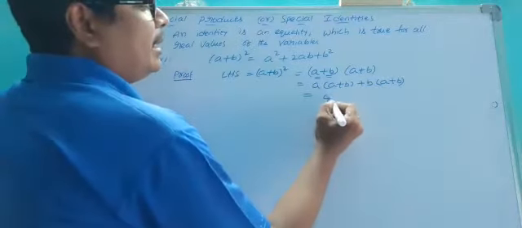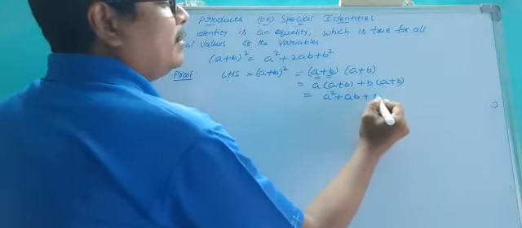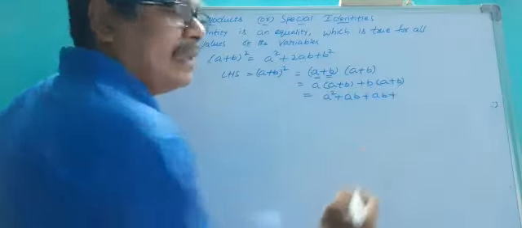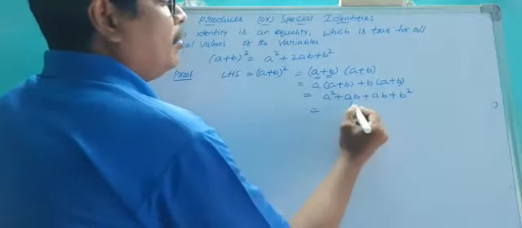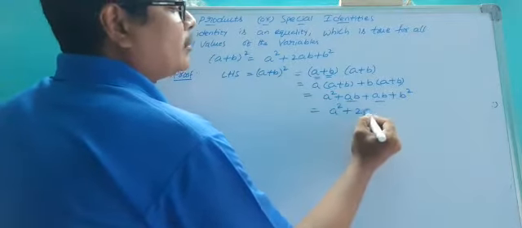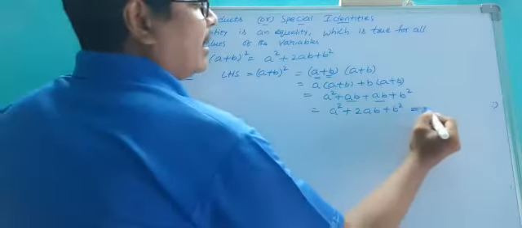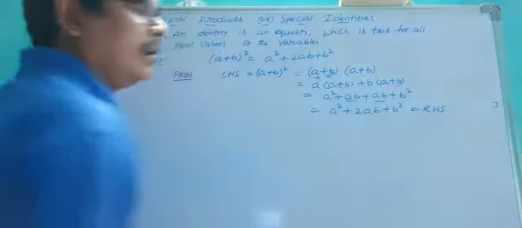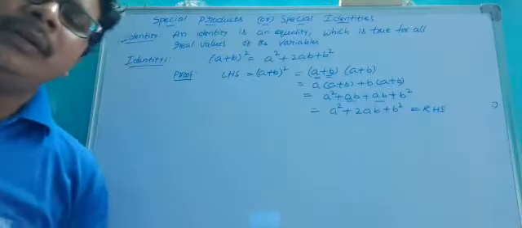So a into a is a square, a into b is ab, plus b into a is ba or ab, and b into b is b square. How many ab's are there? Two ab's. So a square plus 2ab plus b square. Hence we get RHS.